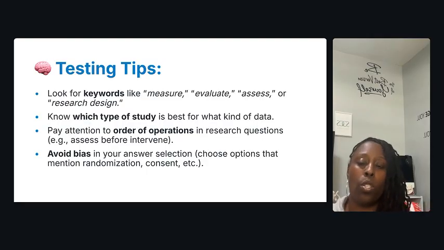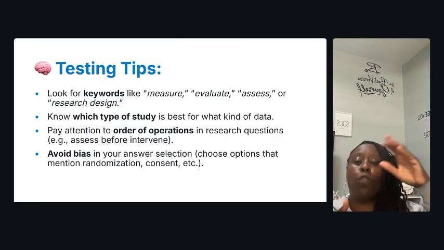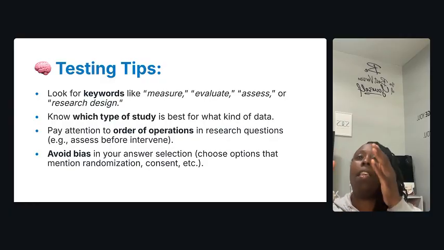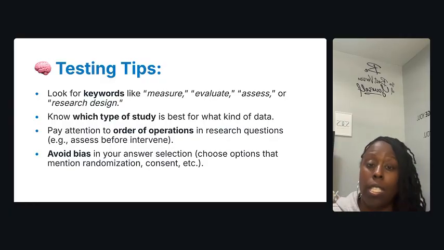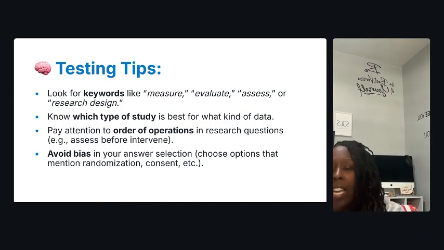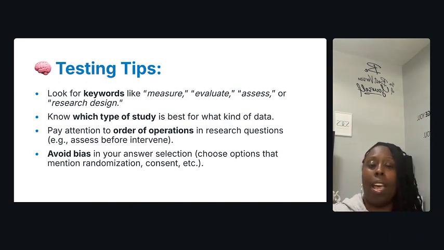When it comes to research questions, pretty much like anything else, I've been saying it through each and every video, it's the same. You assess before you intervene. Assess before you intervene. There is an order of operations to things. It doesn't matter if you're doing research questions, a regular intervention question, or an ethics question.